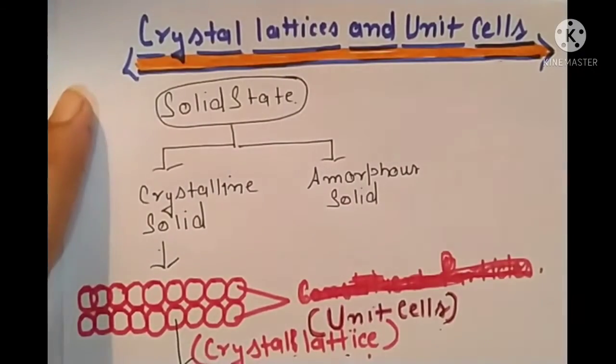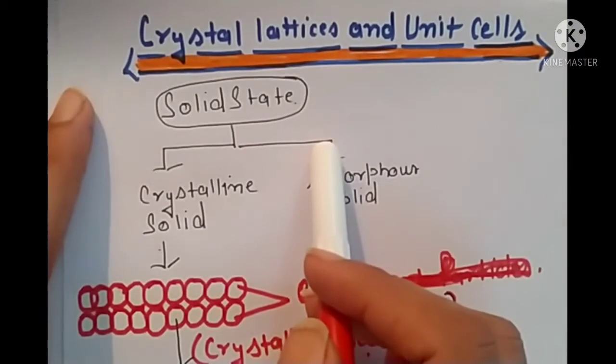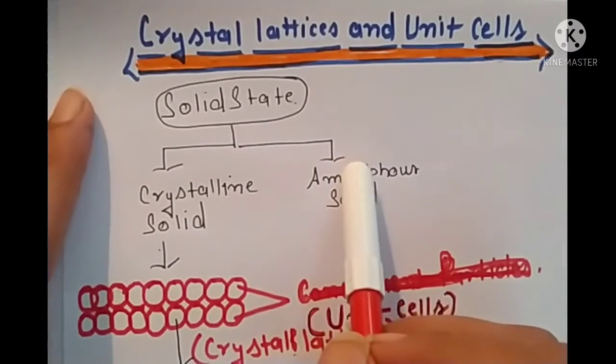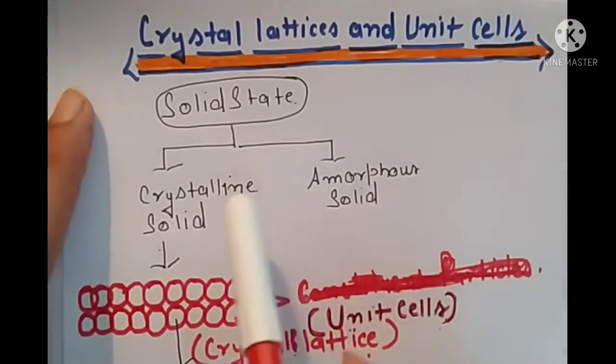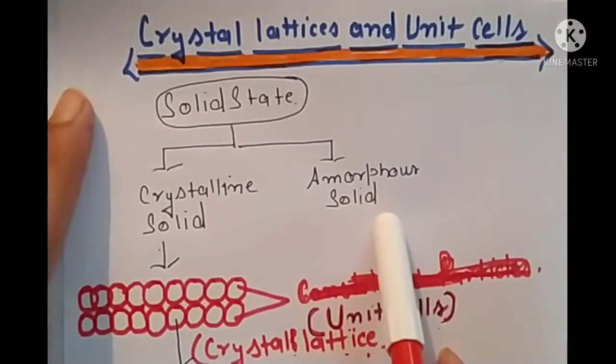Hello everyone, in the previous lecture we learned about the solid state, in which we studied that solid state has been divided into two: crystalline solid and amorphous solid.